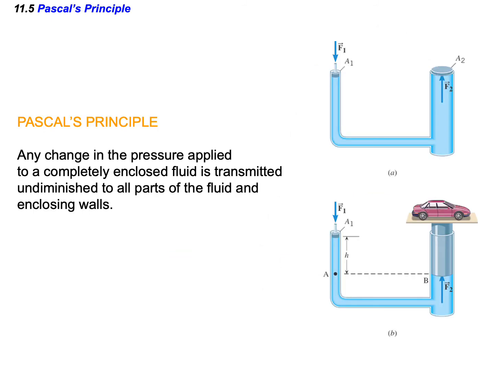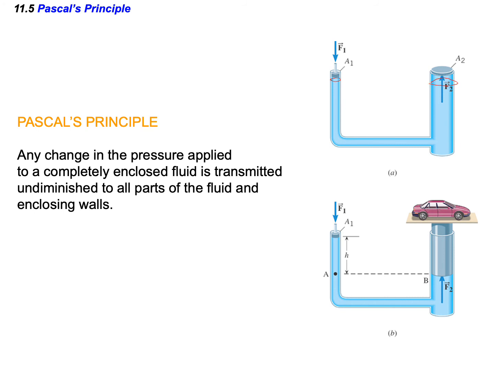Next topic is Pascal's principle. In this principle, let's consider a U-shaped tube filled with some fluid, and as you notice, the left side of this tube has a smaller diameter compared to the right side.